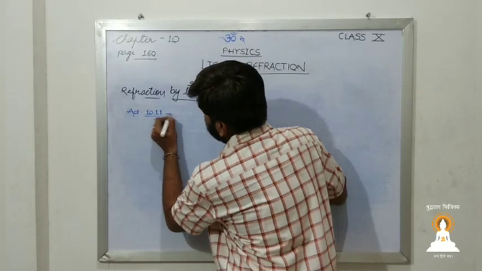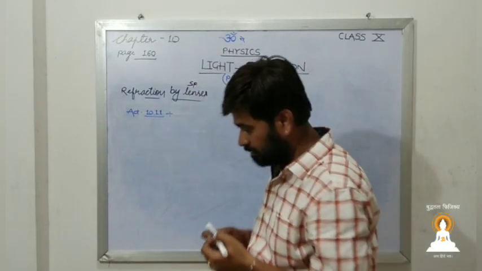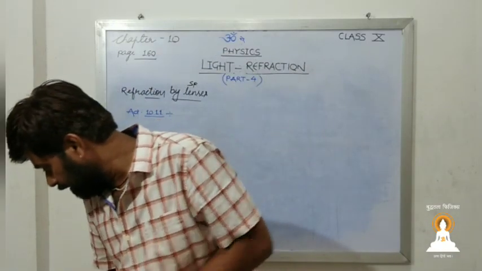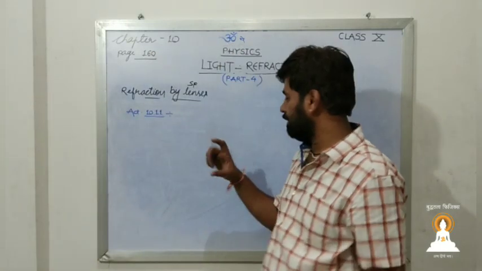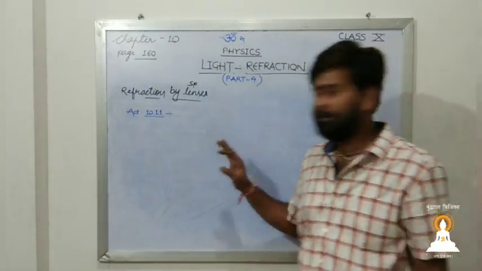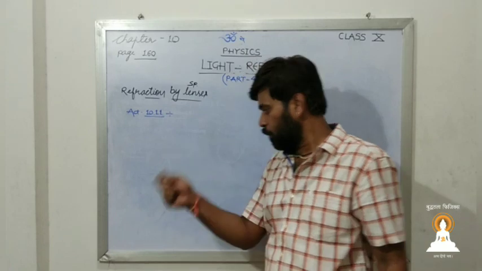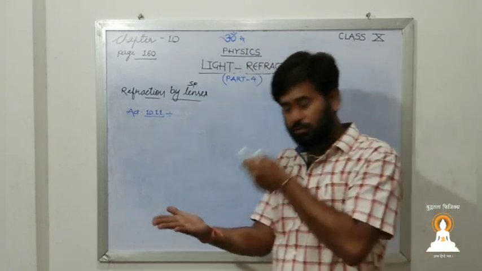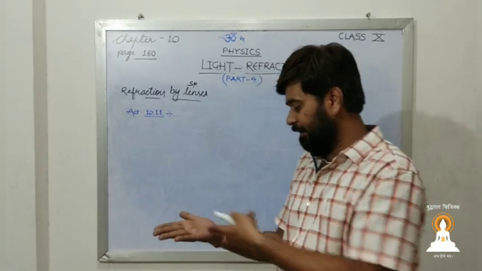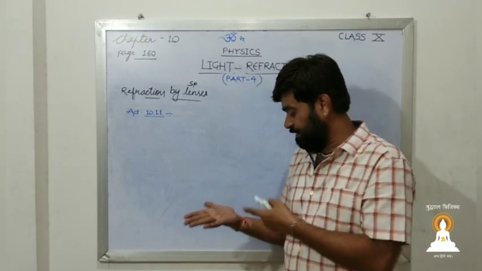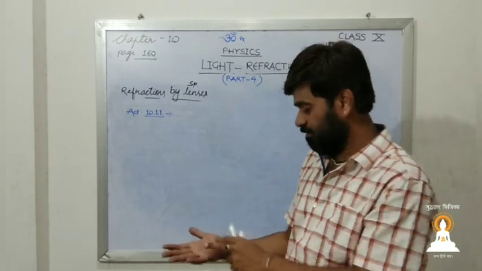Activity number 10.11: what they asked in that activity is that you have to take a magnifying glass. Did you see a magnifying glass? Astrologers used to see the hand lines through that, palmistry we used to say.